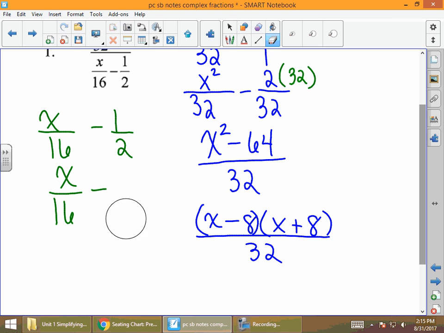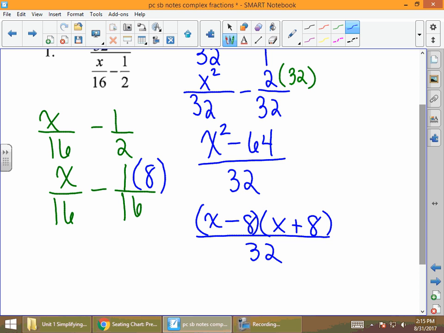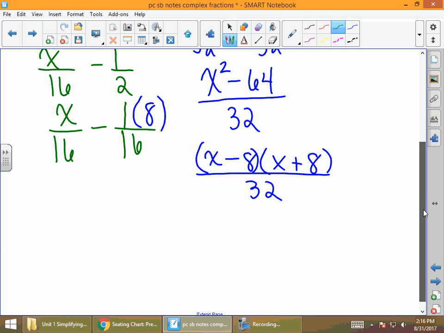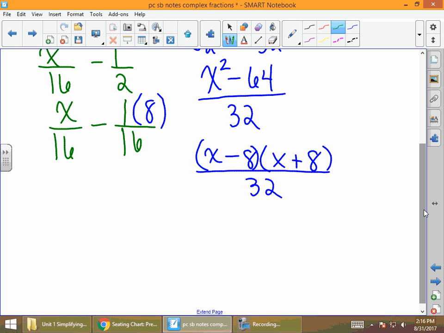But you have to write it correctly here because we said the common denominator would be 16. But what did we do to go from 2 to 16? Well, we multiplied 1 by 8. And hopefully we already know that 1/2 is the same as 8/16. So when we simplify the green fractions here, we get x minus 8 over 16.